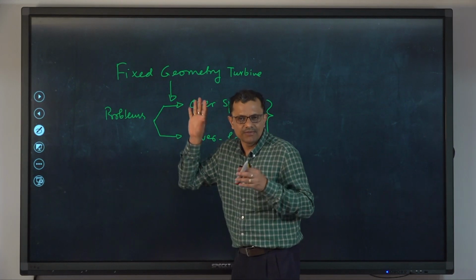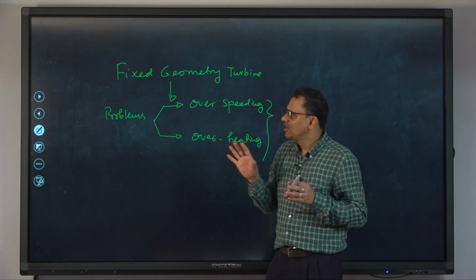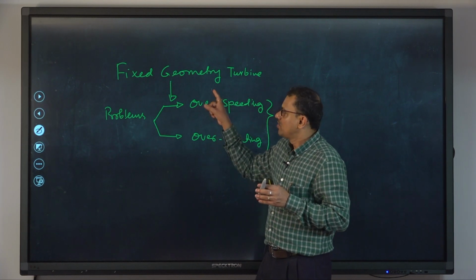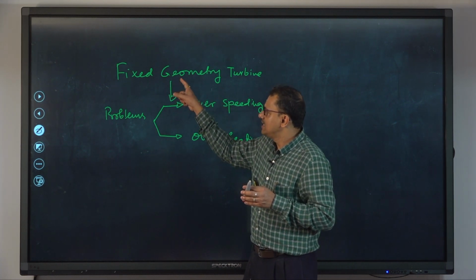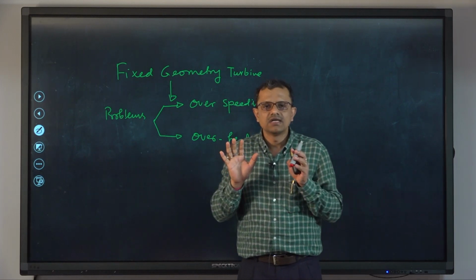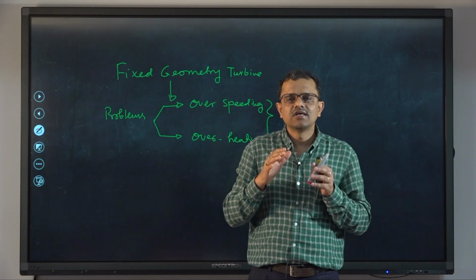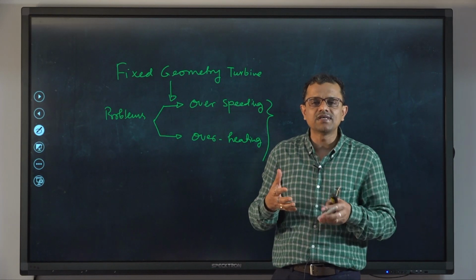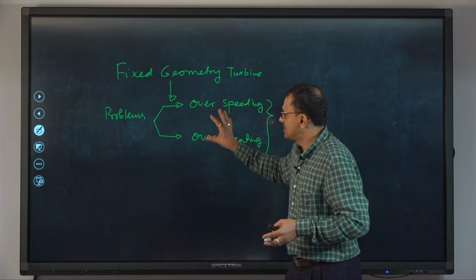To safeguard the turbocharger from these two detrimental effects, a portion of the exhaust gases expelled from the engine cylinder is deliberately made to bypass the turbine.